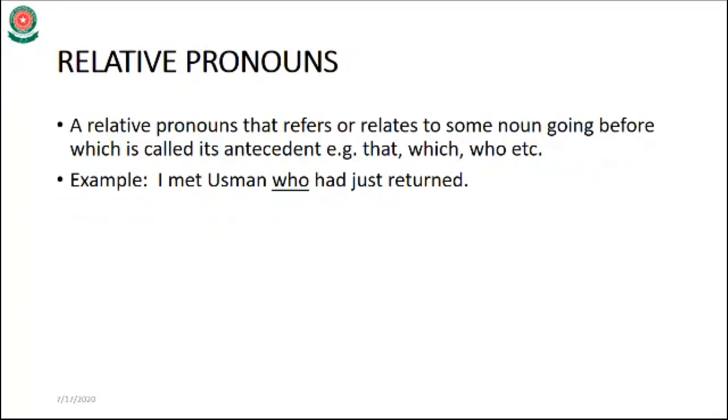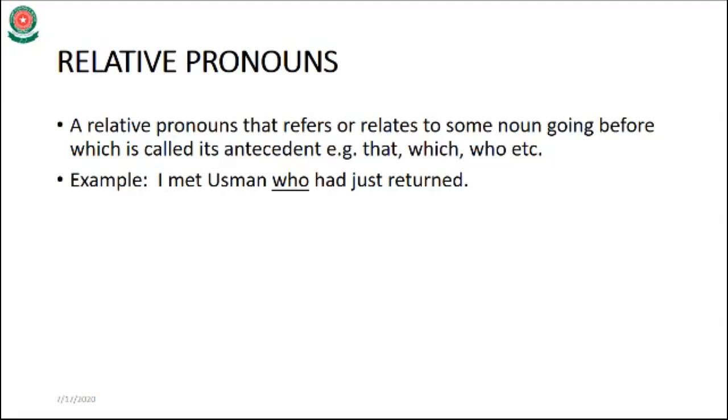A relative pronoun refers or relates to some noun which is going before, which is called its antecedent. What is antecedent?